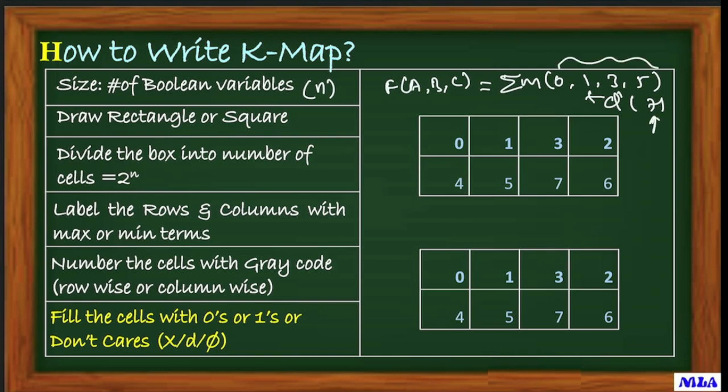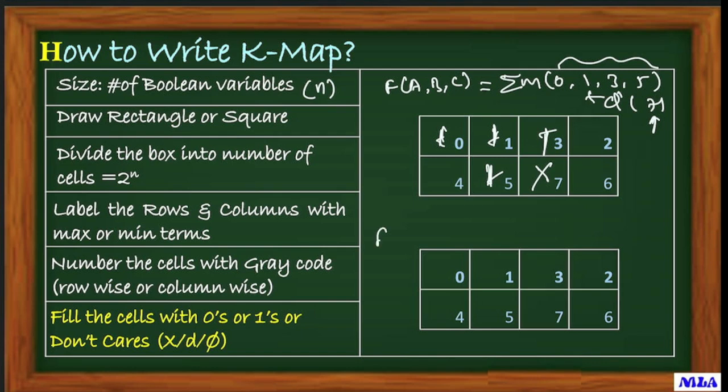One don't care is there. So we will identify the cells corresponding to these min terms. Those cells are 0, 1, 3, 5. We will fill these cells with the 1 as the function is in a sum of min term form. Now we have a don't care for min term 7. Then we will fill the cell 7 with the don't care.